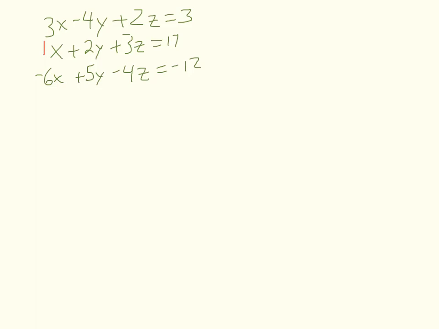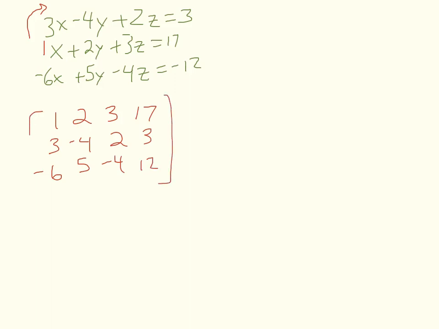So what I'm going to do is make my matrix, but I'm going to make this my first equation. So I would have 1, 2, 3, 17 is my first equation, 3, negative 4, 2, 3 as my second equation, negative 6, 5, negative 4, 12 is my third equation.